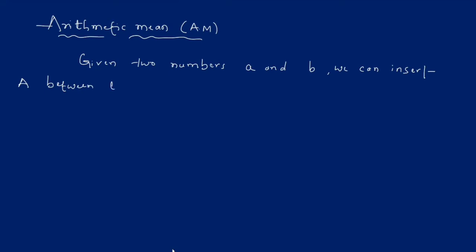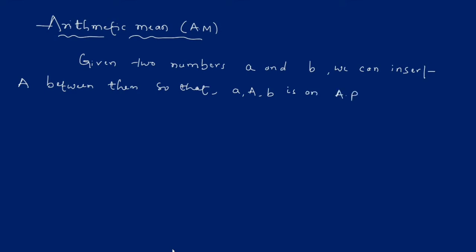Given two numbers a and b, we can insert a number capital A between them so that a, capital A, b is an AP.